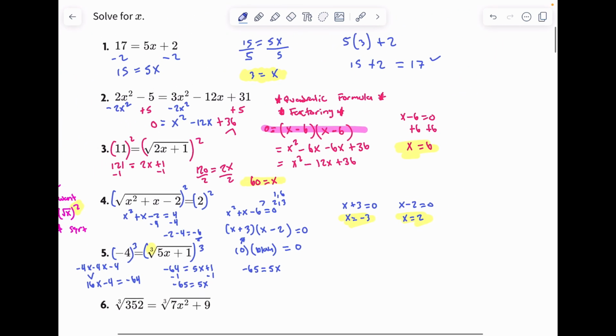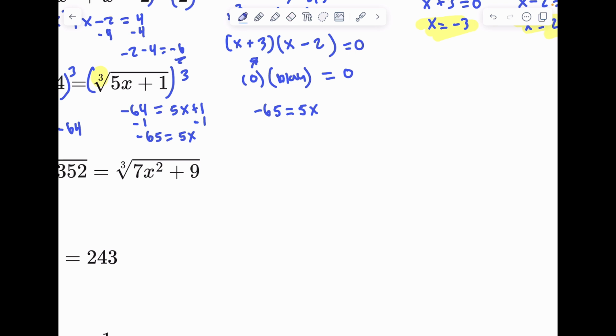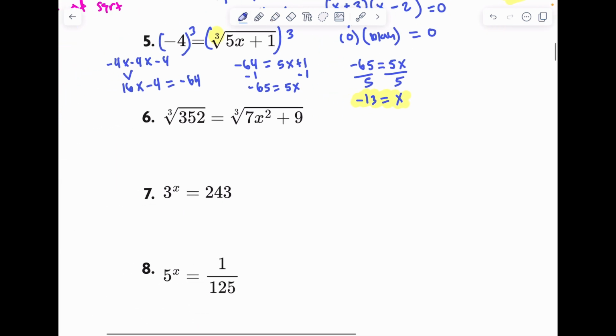Very, very similar to how we started doing this. To solve this, I divide both sides by 5. Okay? Negative 13, I'll make this more clear, is equal to x. Okay? Now, you should be able to plug in all these numbers back in to double check your work, okay? And I encourage you to do that.